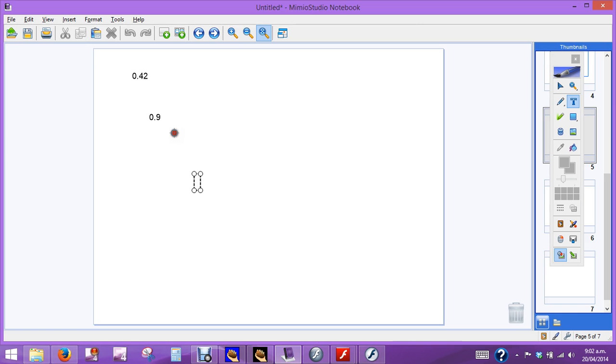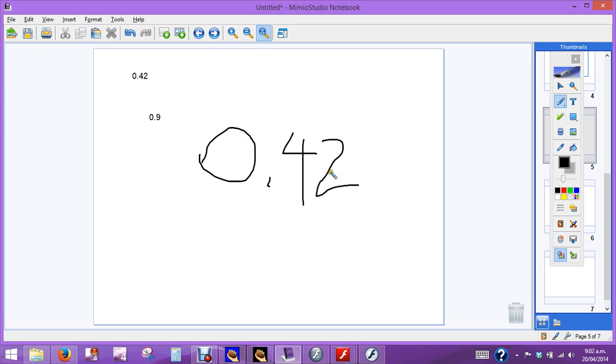And so the way that decimals work is that, I wish I had written it down, it would have been better. 0.42 is only 4 tenths plus 2 hundredths, and 0.9 is 9 tenths, and 9 tenths is bigger than 4 tenths.